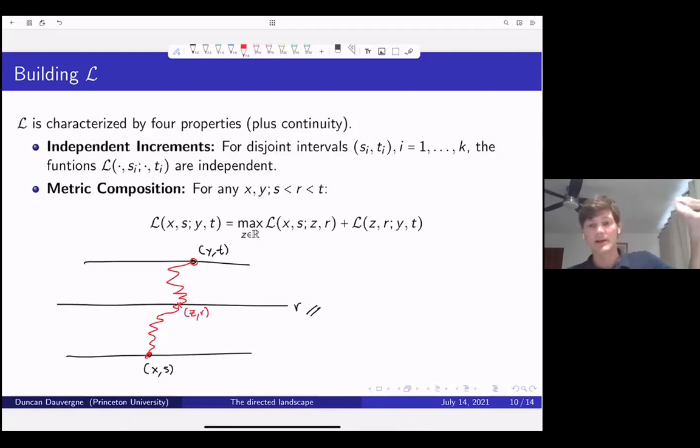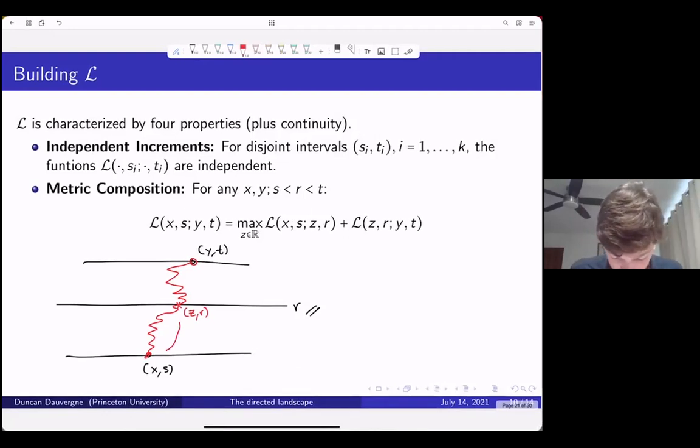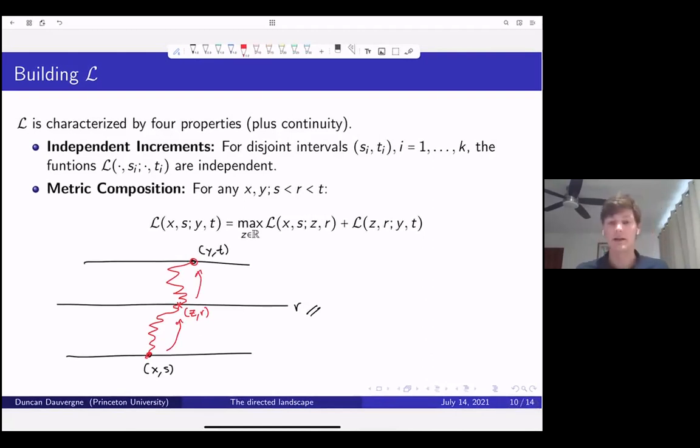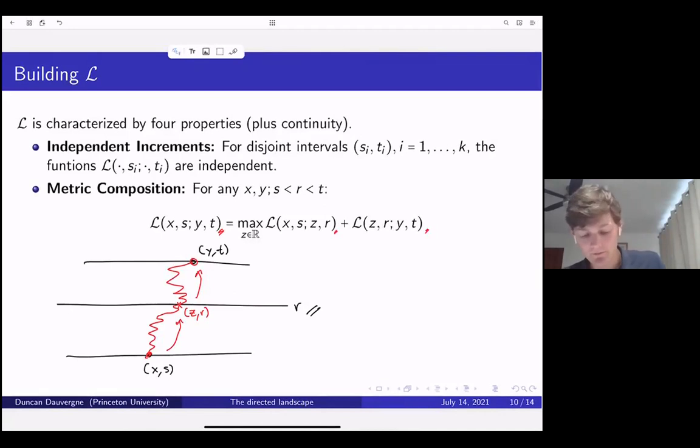So I'm finding this optimal location zr, and I'm adding up the distance from xs to zr and from zr to yt. What this tells you is that the distance from xs to yt has to be the maximum over all z of the distance from xs to zr plus the distance from zr to yt. So it's again a really simple metric property essentially.